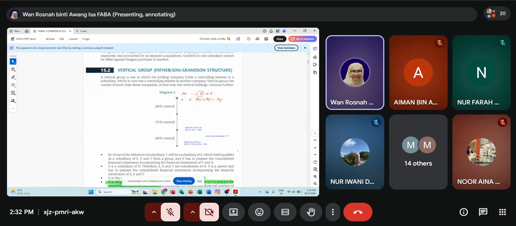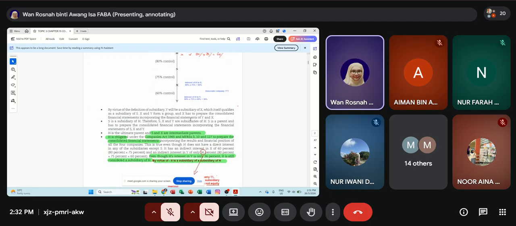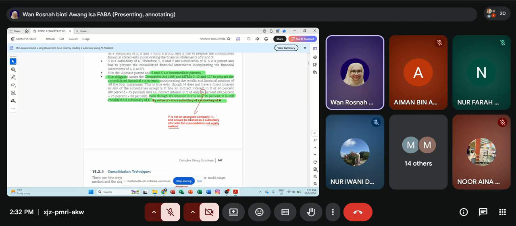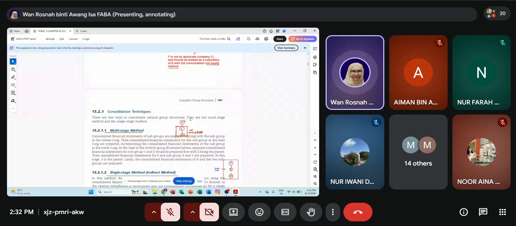Reason number one: H company acquires investment in S, which would be 80% control of 75% control, which is 60% control of X, and 36% control of Y. All right. So these are the definitions and consolidation techniques.